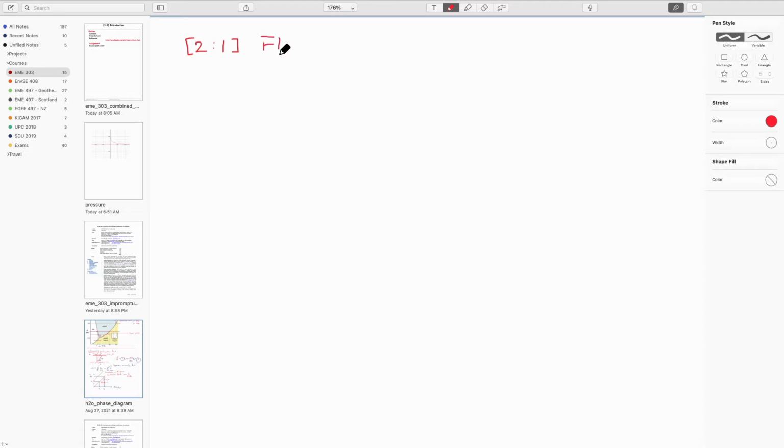Fluid pressure at a point. We'll talk about it initially with a very simple case. The simplest case I can think of is if you want to know what the pressure would be as you go down with depth.